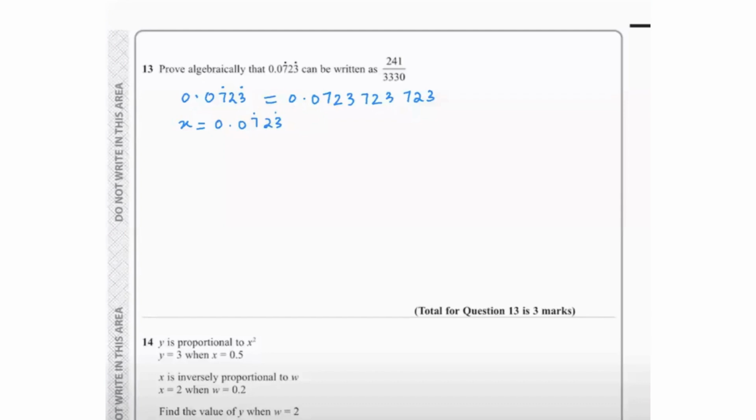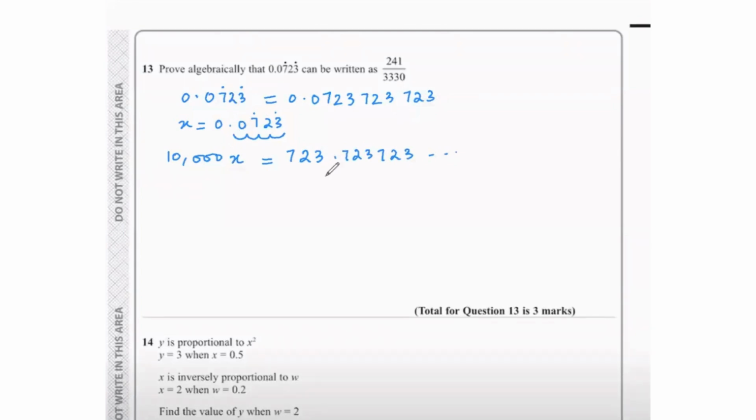Okay. So now if I assume that this number, the 0.0723, is equal to x, I want to convert this decimal into a form where 723 comes before the decimal. So in order to do that, I need to multiply it by 10,000. So I multiplied 10,000 with x, that's going to give us 723.723, 723, and so on.